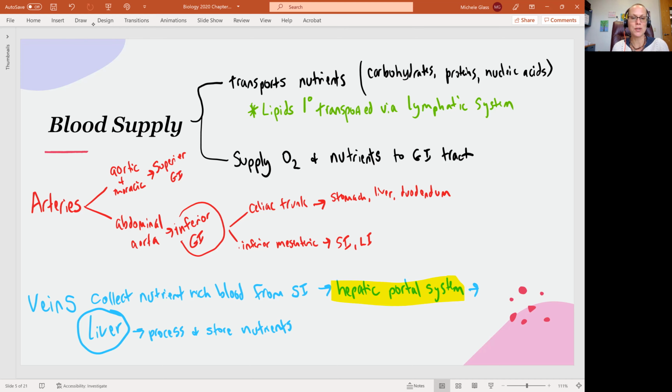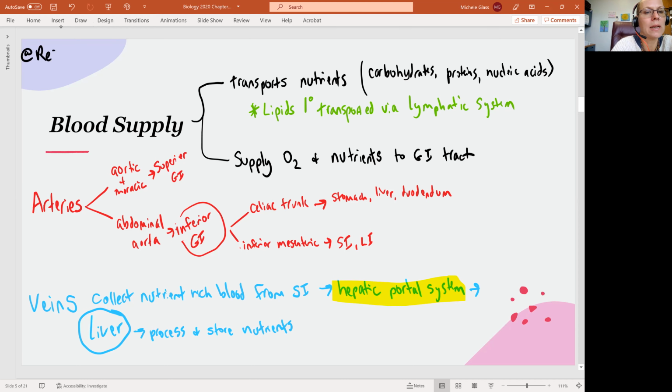Here's an interesting factoid. So when we are at rest, meaning pretty much the parasympathetic nervous system is sort of the in-charge system of our body, we'll see that about 1/4 of the blood from each heartbeat is going to actually go to the GI tract.